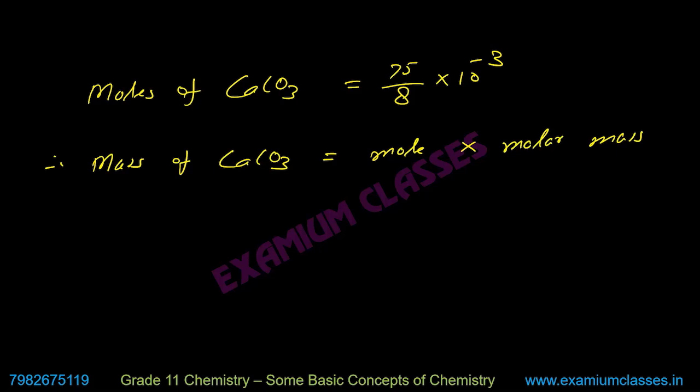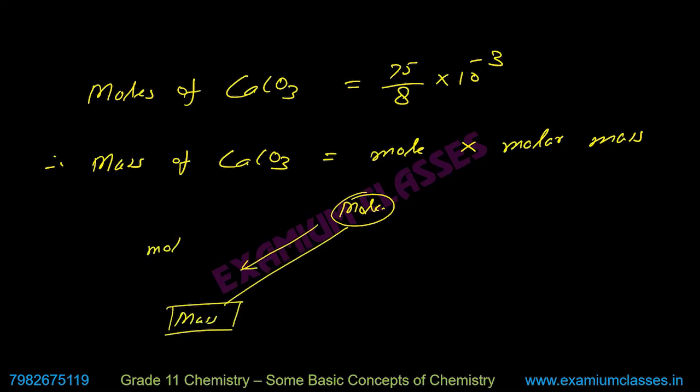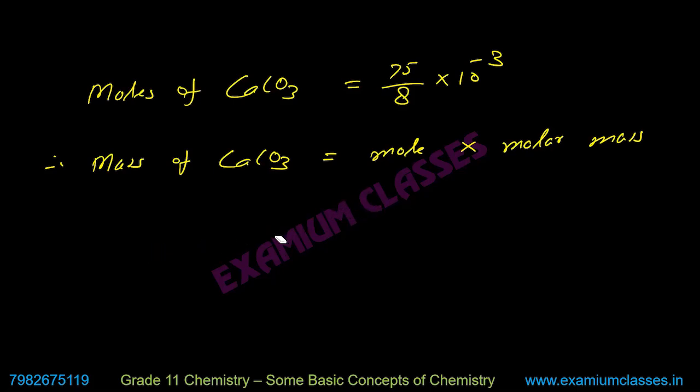The conversion from mole to mass was mole multiplied by molar mass. You remember that. It will be 75 by 8 into 10 to the power minus 3 into molar mass of calcium carbonate, 100.